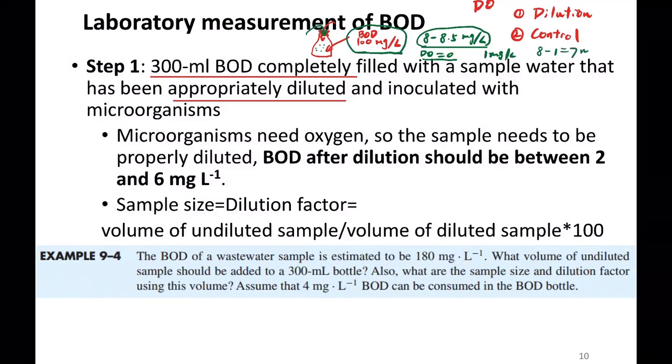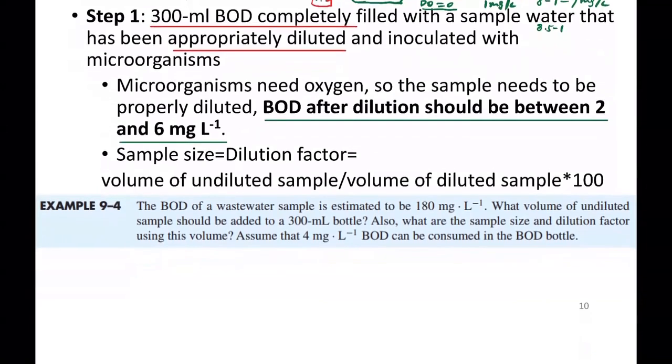It's 7 milligram per liter, or 8.5 minus 1, depending on the initial dissolved oxygen concentration. So that's why we have to dilute it. Normally the BOD after dilution should be between 2 and 6 milligram per liter, right? Because of that, people also defined a parameter called the sample size or the dilution factor.